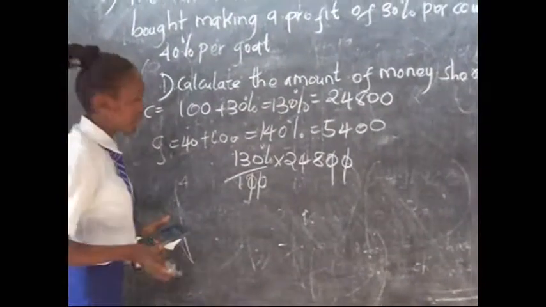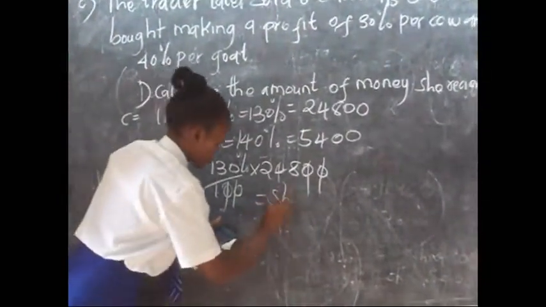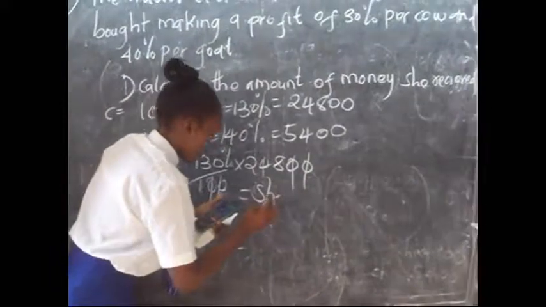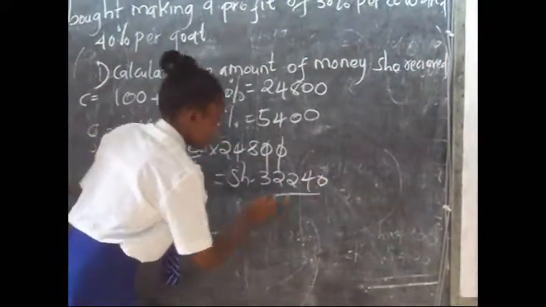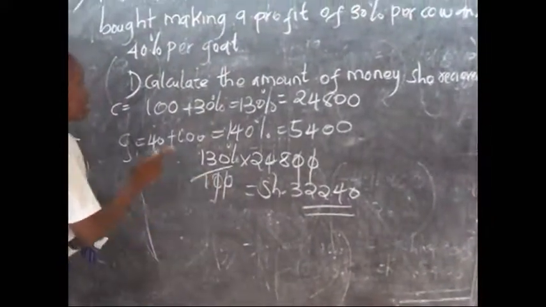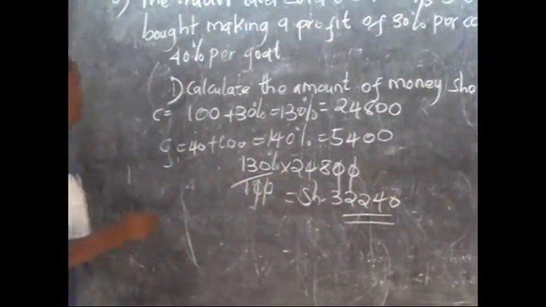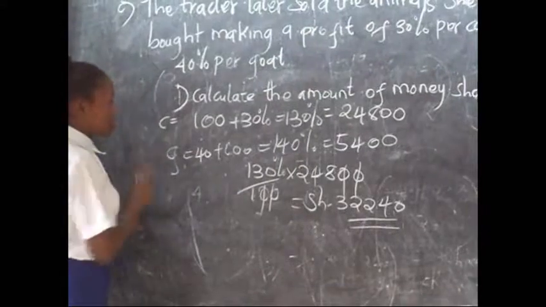After multiplying, the increase will be 32,240. This is the amount of money which the trader had in the cows after the increase.